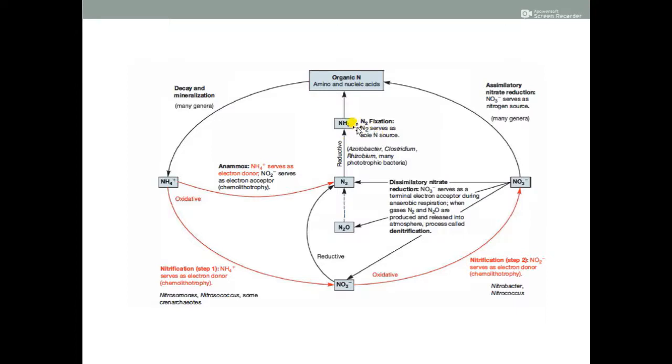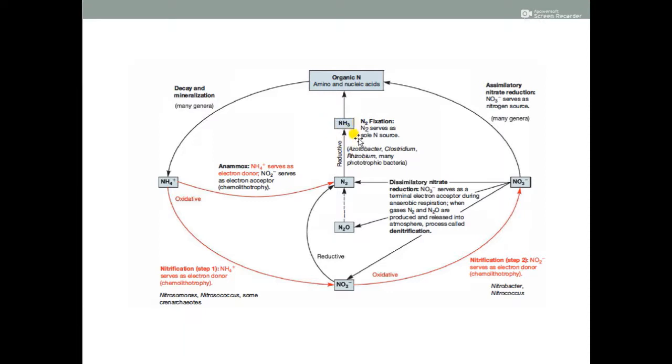If it is happening in a woody plant where a symbiotic nitrogen-fixing microbe is present, the ammonia is available in the woody plant. So based upon where the nitrogen fixation is carried out, ammonia accumulates in that particular place. If it's in the soil, it's in the soil. If it's in the leguminous plant, it's in the leguminous plant. Or if it's in a woody plant, the ammonia accumulates in the woody plant.